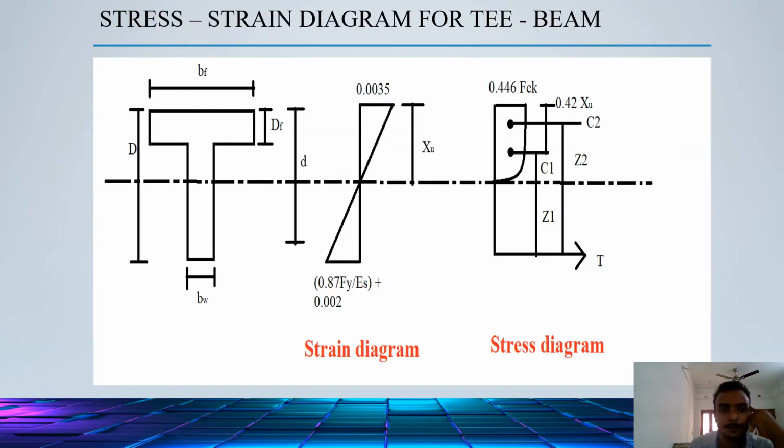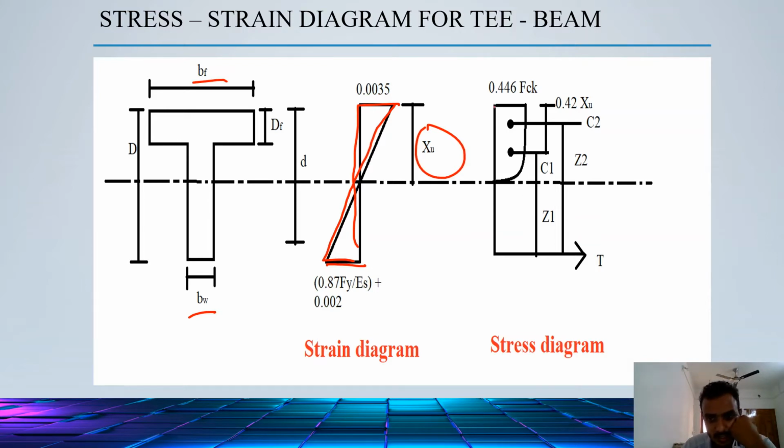So simple. Then the stress-strain diagram for the T-beam. Look here. Here is a T-beam, overall depth of flange, width of web, and effective width of flange. So these are the strain diagrams. Same here, XU is the neutral axis depth. You can find it easily.